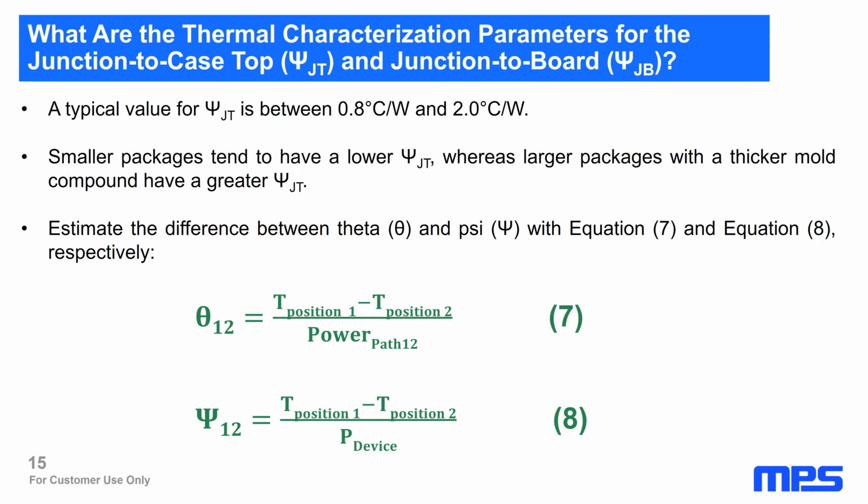T position 1 minus T position 2 is the temperature difference between top package and junction. P device can be easily measured with test equipment. With the thermal camera or a sensor, for example, a PT1000 on top package, the junction temperature can be measured.